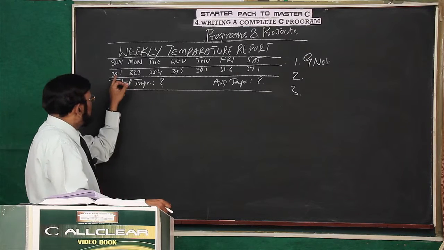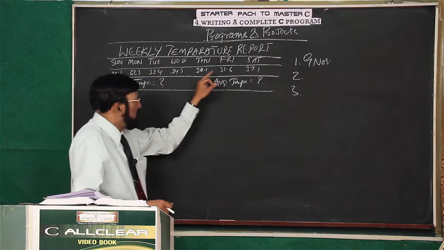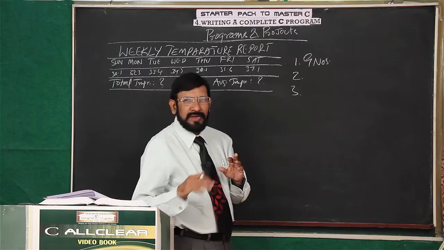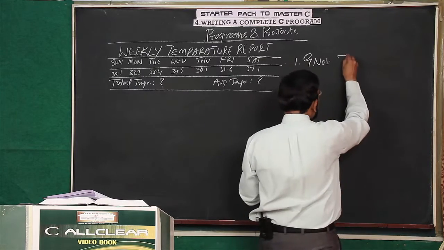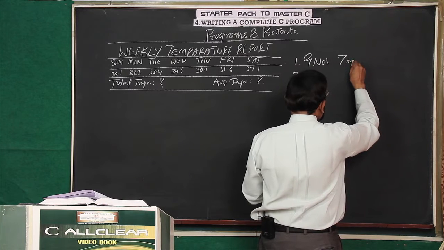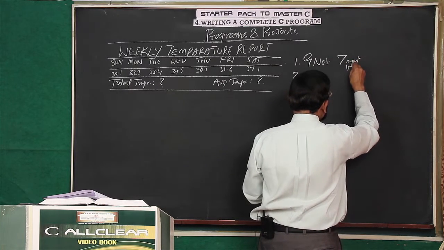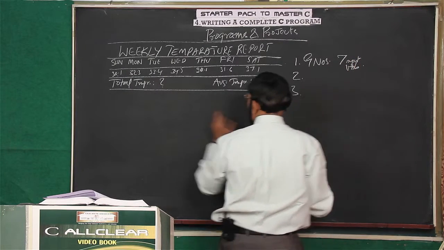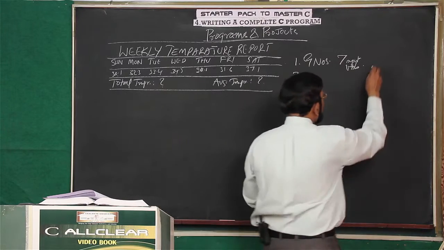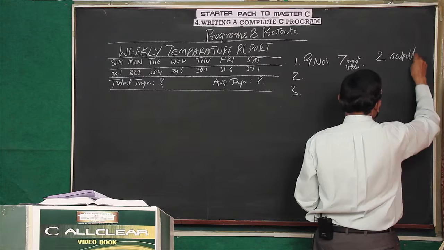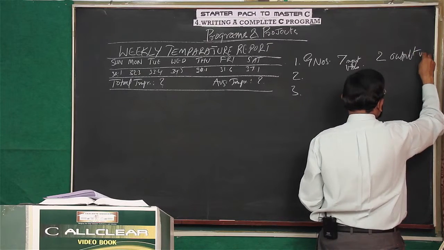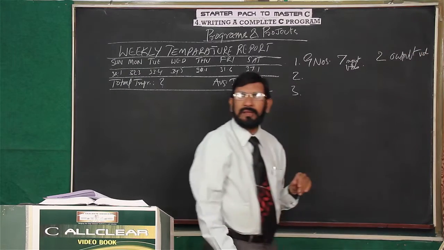In this case, 1, 2, 3, 4, 5, 6, 7: these 7 days' temperatures we enter. That's why these 7 are input variables, and these 2 are output variables. Understand?